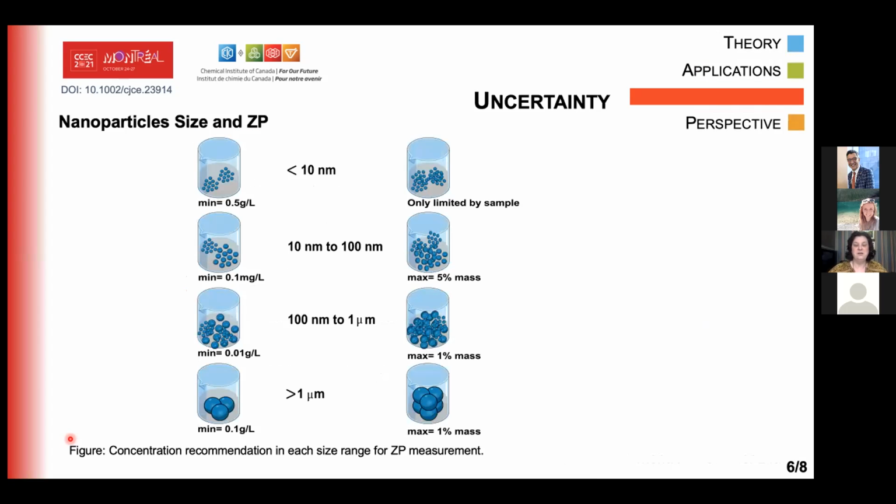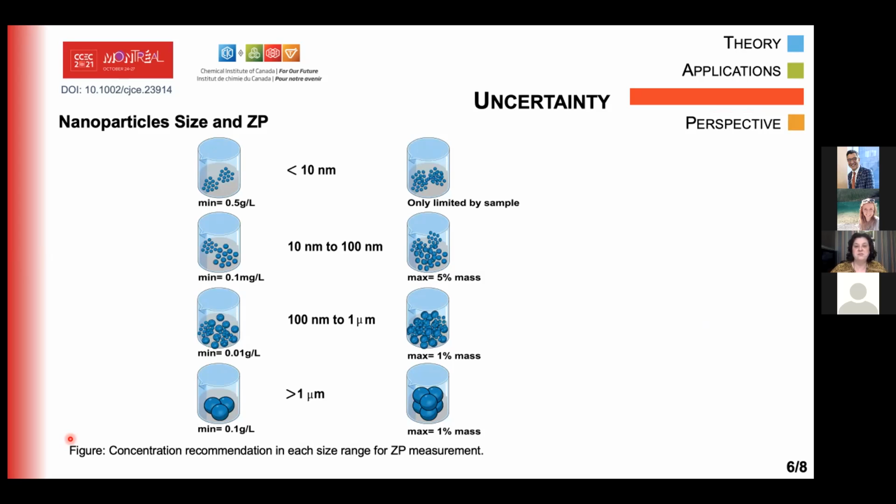So the nanoparticle size and zeta potentials are quite close in terms of the influence on uncertainty in the zeta data values.